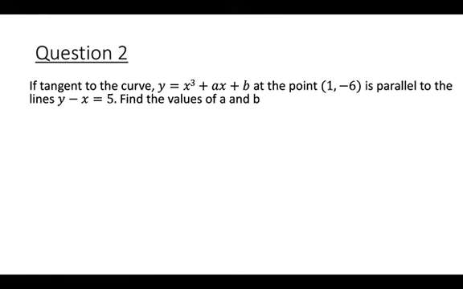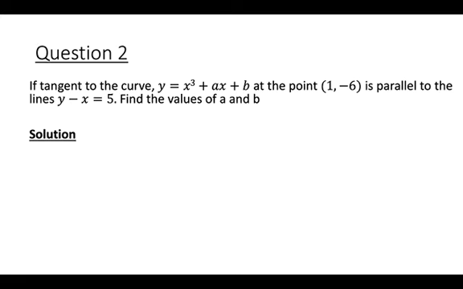Question number 2. If tangent to the curve y equal to x cube plus ax plus b at the point P 1, minus 6 is parallel to the line y minus x equal to 5, find the values of a and b.